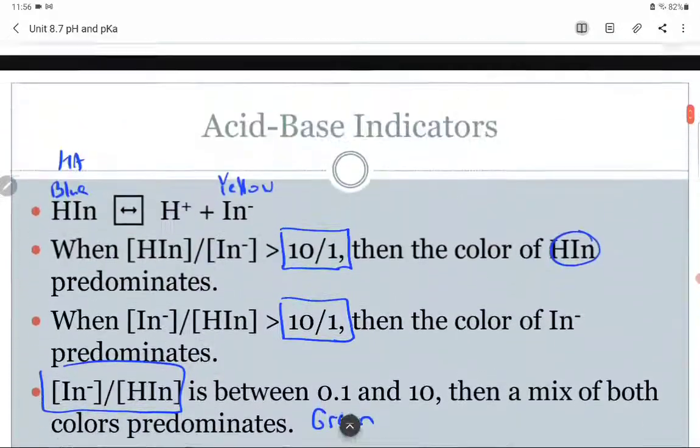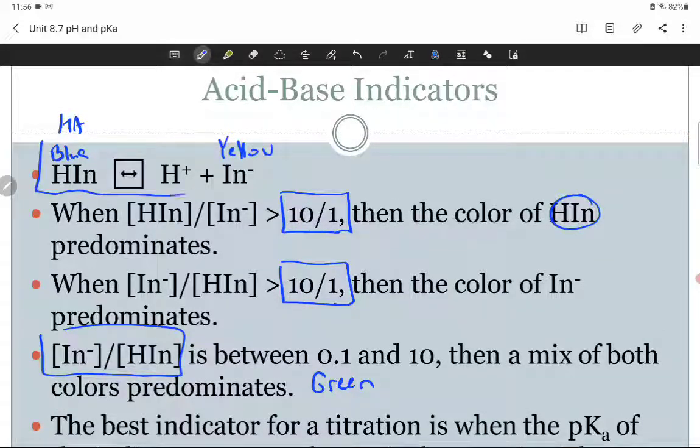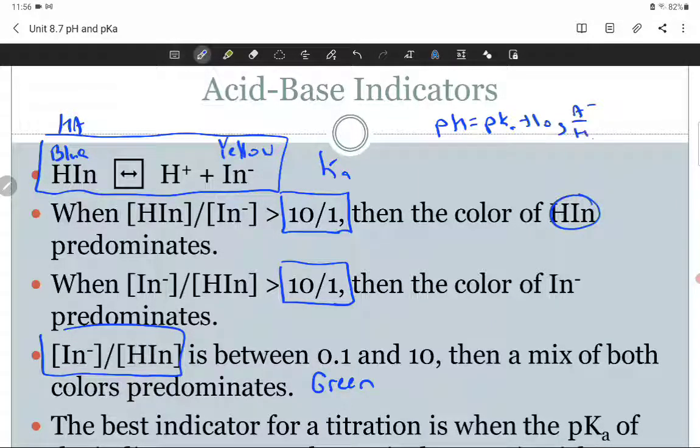And what we'd like to happen is, let's go back up here to this original. Since this is a weak acid, HIN, it has its own Ka. And when we did the Henderson-Hasselbalch, let's change those now to IN minus and HIN.